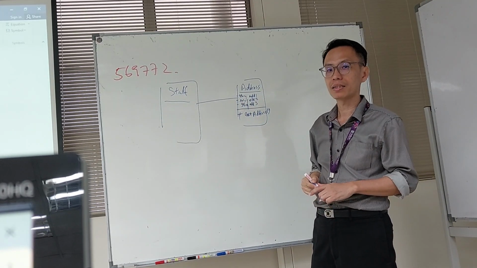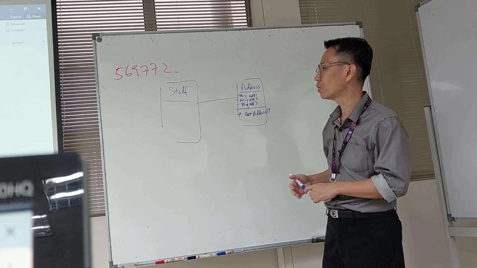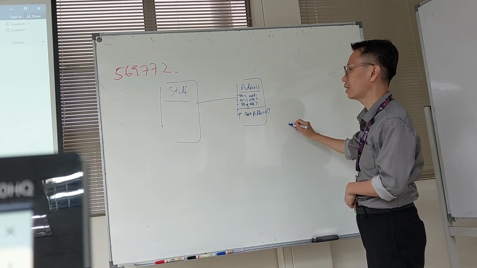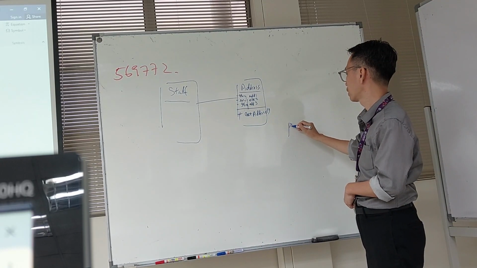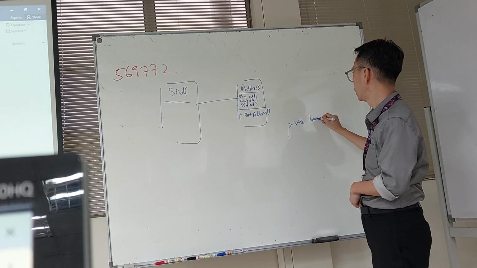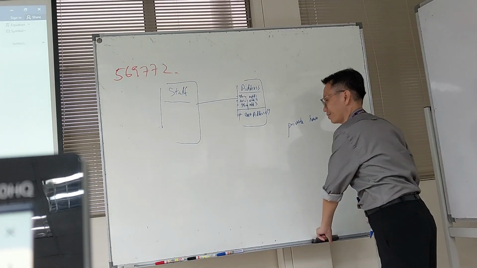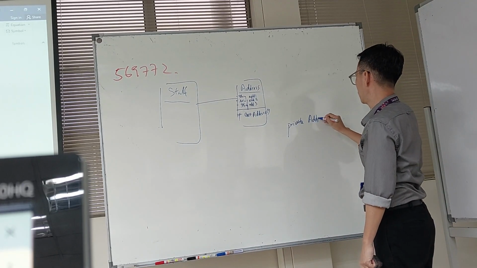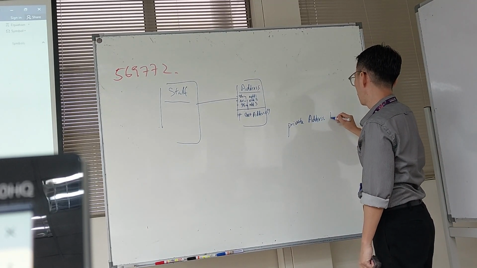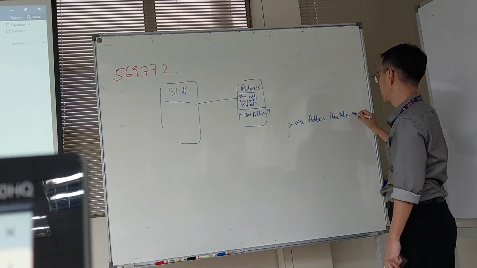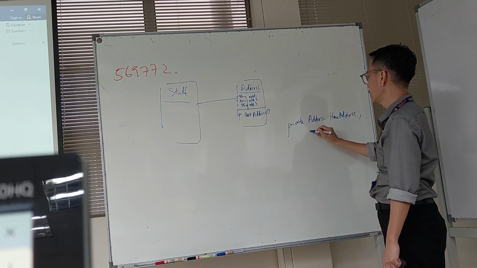Understand? So in this way, how does the code look like? In the start here, we may have, let's say, private home. Same thing.